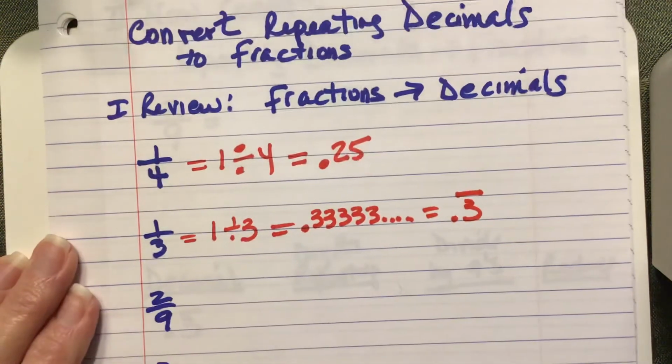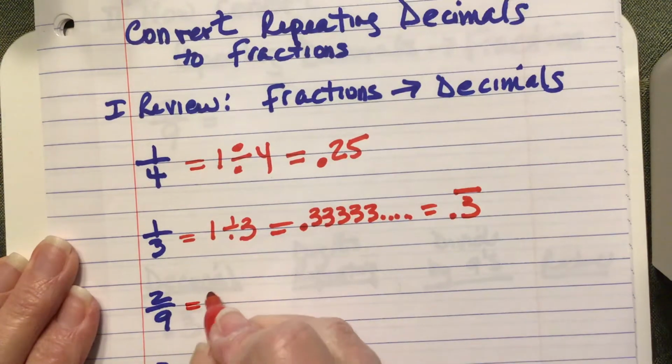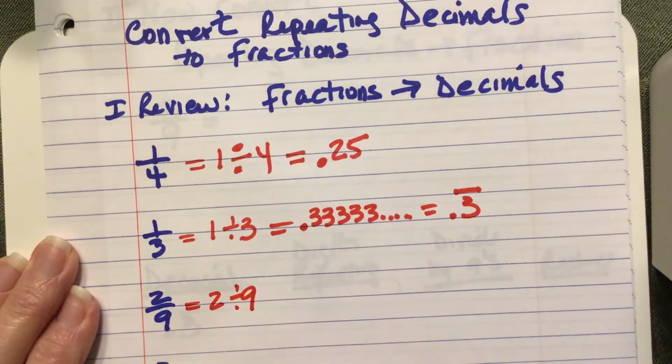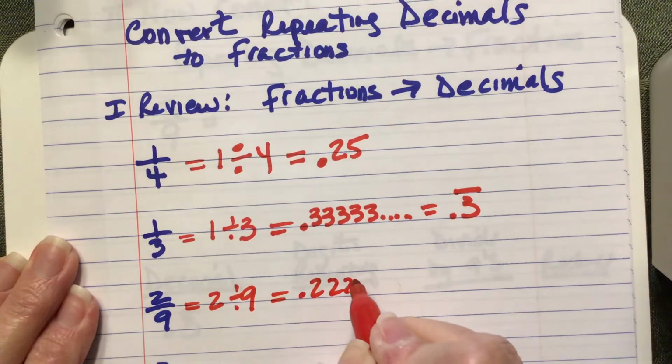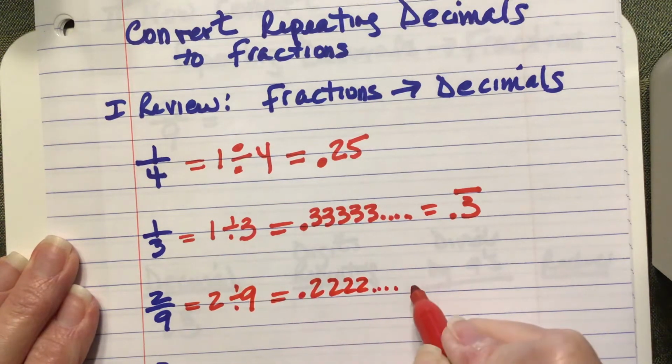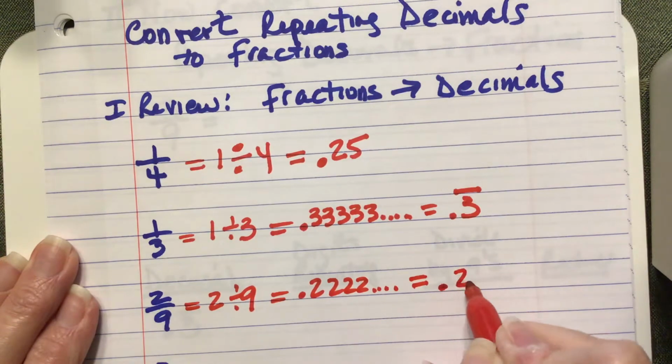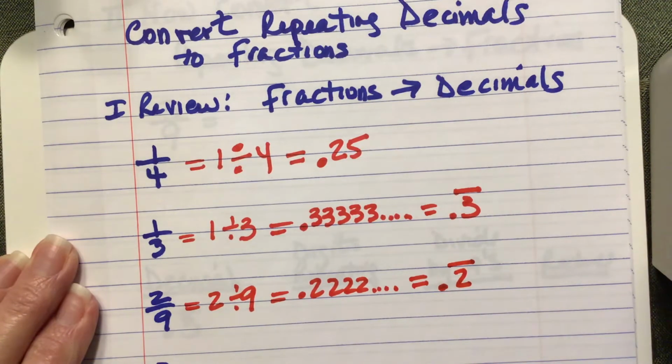Now for my next one, I'm going to try 2/9. So that is 2 divided by 9. And again, on my calculator, it's going to be 2, 2, 2, keeps going. And so that means that the 2 is the repeating decimal.